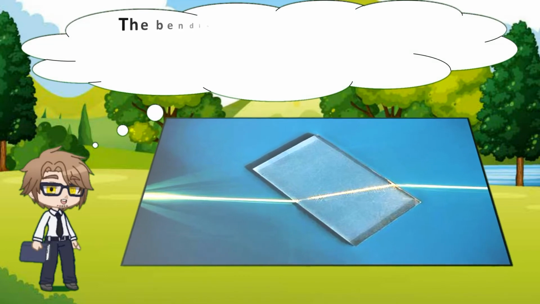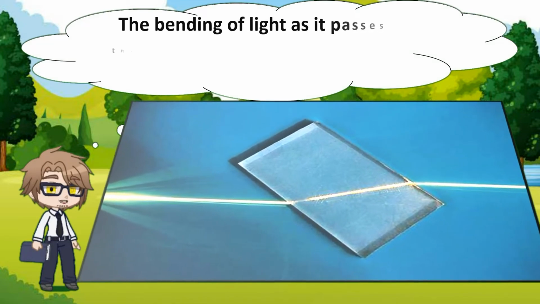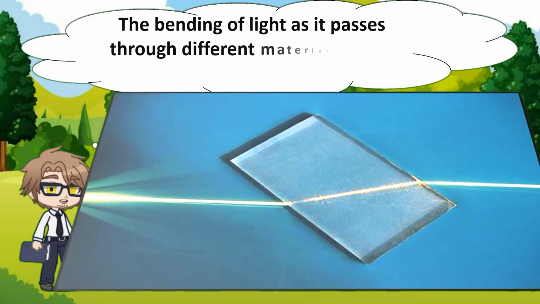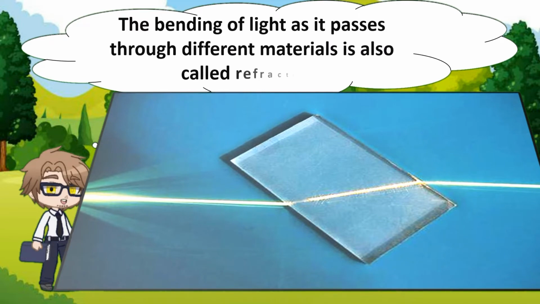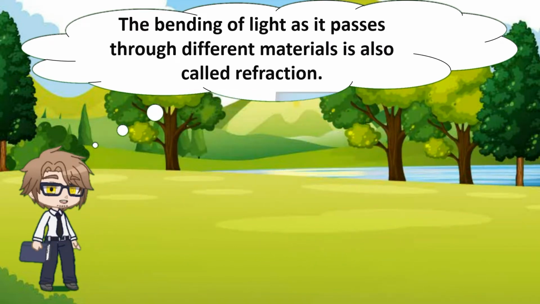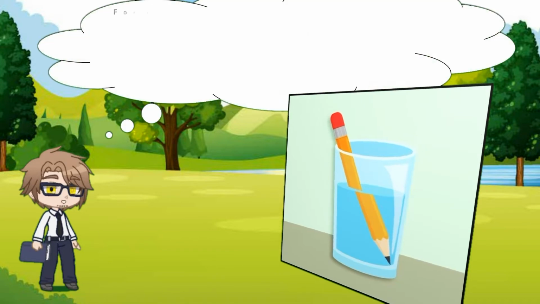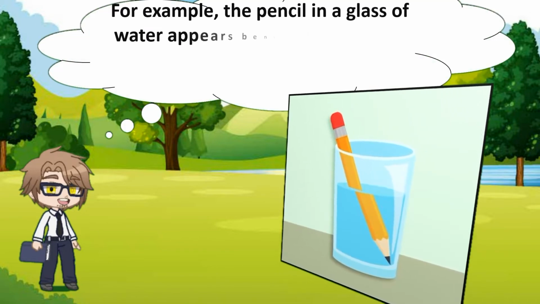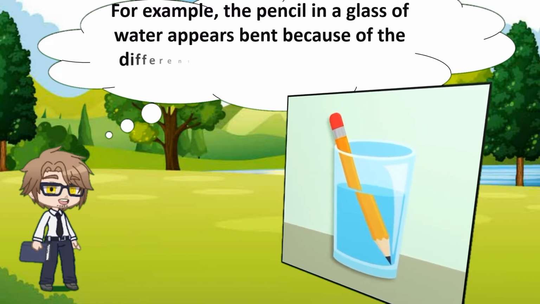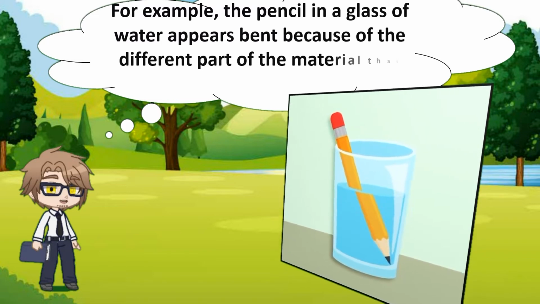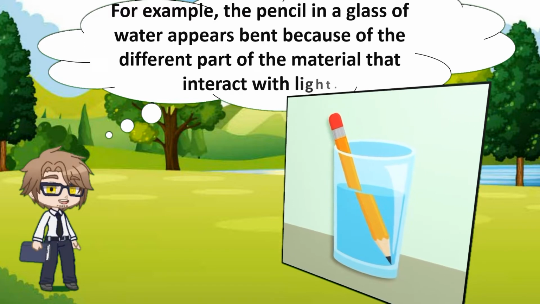The bending of light as it passes through different materials is also called refraction. For example, the pencil in a glass of water appears bent because of the different parts of the material that interact with light.